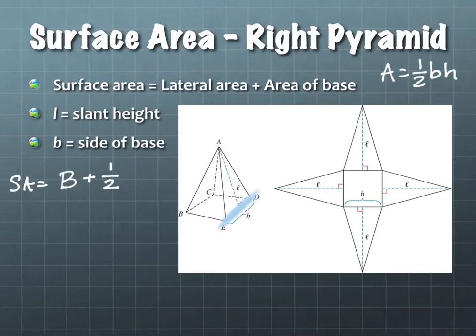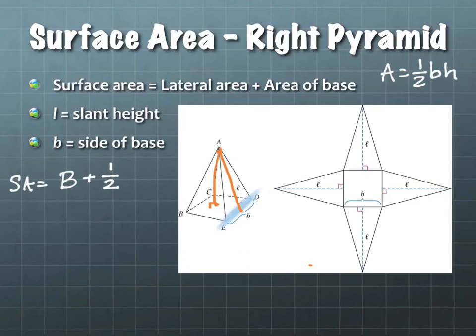And then we have the height of my triangles, and the height of my triangles is this L that's occurring right here. It's a slant height. It's not the height of the pyramid, right? The height of the pyramid would be like right here coming down into the middle. That's not the same height. So we sometimes have to work a bit harder to find the correct height that we're looking for here. So we're looking for a slant height.